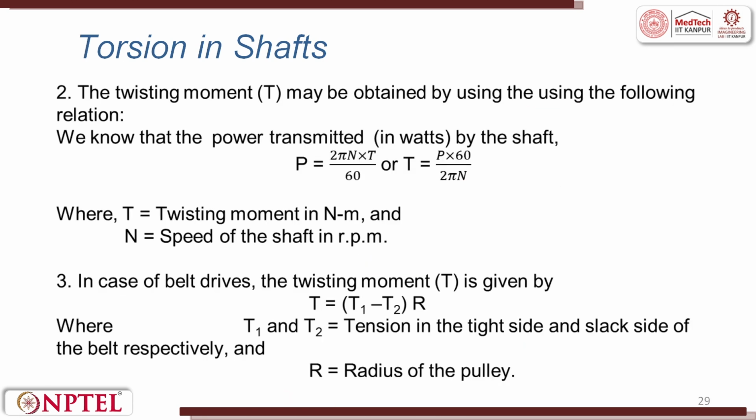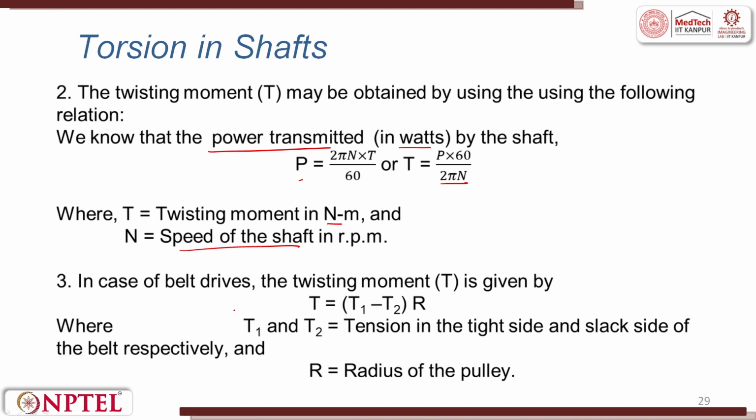Next, the twisting moment may be obtained by using the following relation. Here we know that the power transmitted in watts by the shaft is P, that is equal to 2 pi N into T by 60, or we can write it as T is equal to P into 60 by 2 pi N, where N is the speed of the shaft in rotations per minute, and T is the twisting moment in Newton meter.